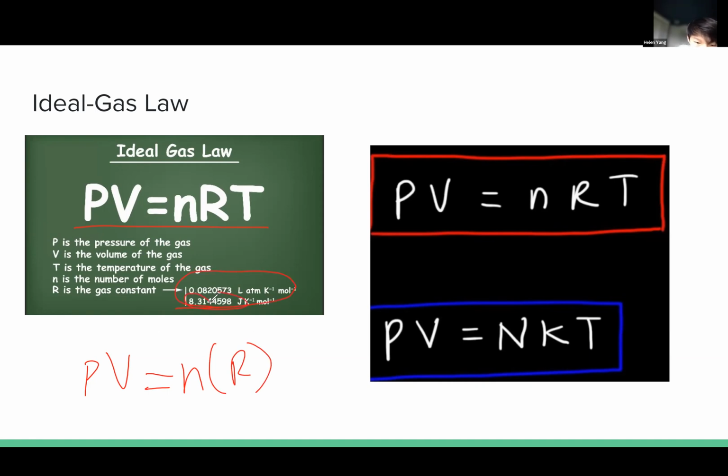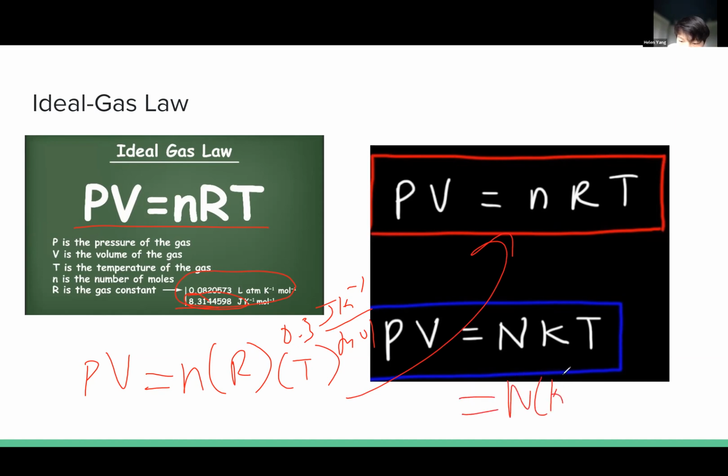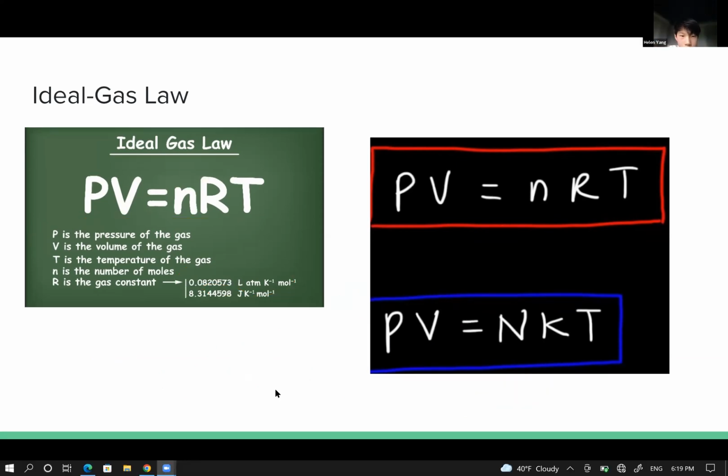But this one is the one you should use, 8.3 joules per mole kelvin. It's equal to the number of moles, times the gas constant, times the temperature, also shown right here. But it can also be equal to N times Boltzmann's constant times T. Okay, so you guys can do example 3.